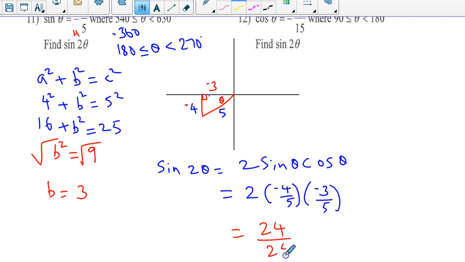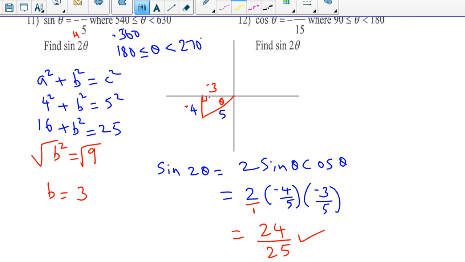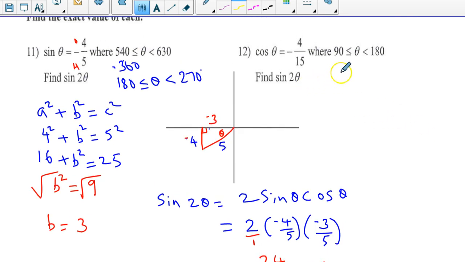Please do not multiply this 2 with the denominators. 2 by itself means 2 over 1. So numerators multiplied and denominators multiplied, or else directly use your calculator, you'll get this answer. Now you can do this part by going to the second quadrant and simplifying.